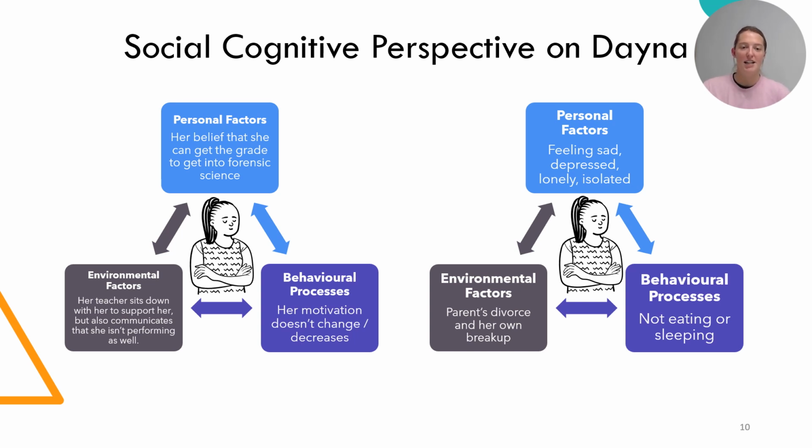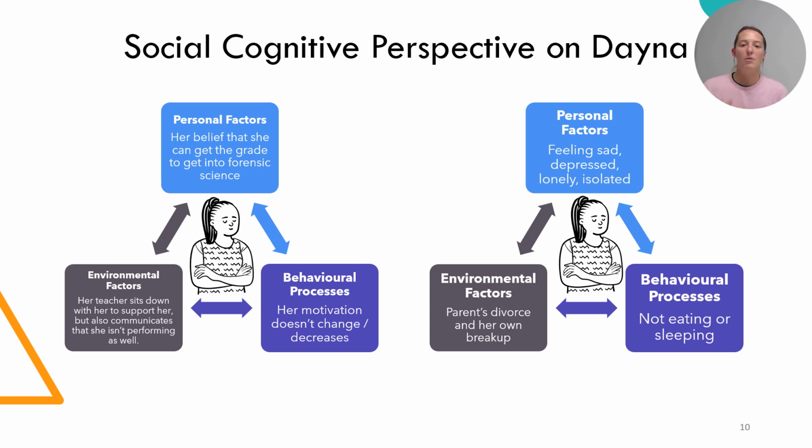Her teacher sits down with her to support her, which is a great thing. However, also communicating that she isn't performing as well. Maybe that conversation shouldn't compare her to how she was going last year, because that's just reaffirming in her mind that she can't get into forensic science, that she can't achieve that anymore.